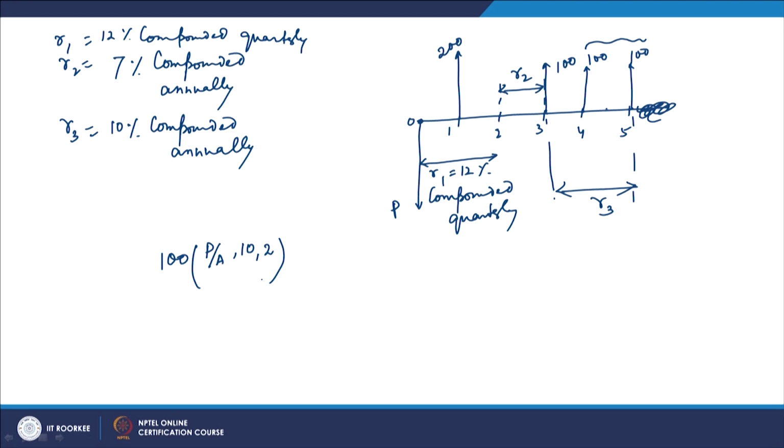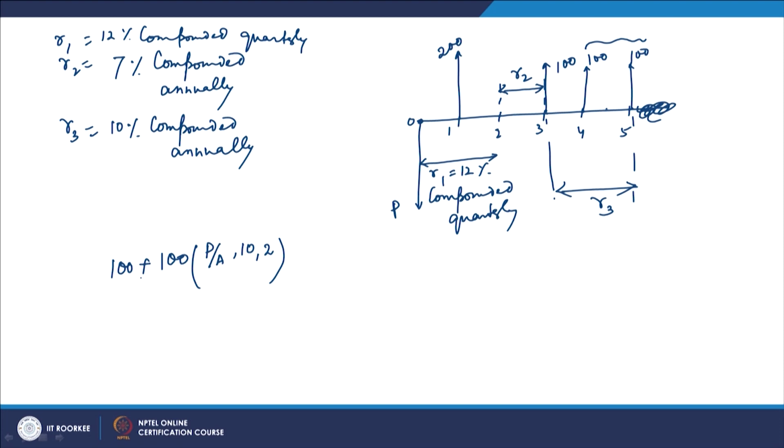Now, at this point you already have 100 rupees. So, this 100 is added here, and this will be defined at point 3. Now, from point 3 you have to come to point 2, and for point 2 it is 7% compounded annually.